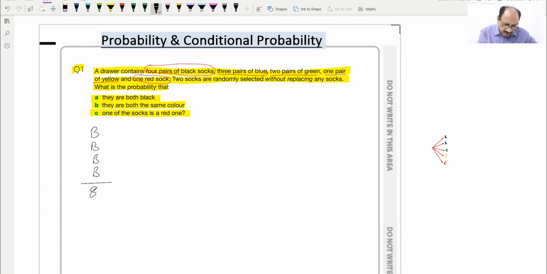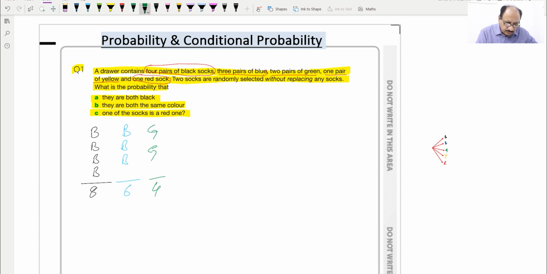Then 3 pairs of blue socks, so we can write blue, blue and blue, and adding this will give us 6 socks. And then there are 2 green pairs, so we can take 1 green and another green, and this adds up to 4 socks.